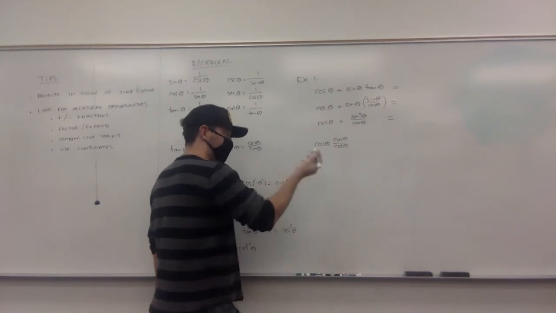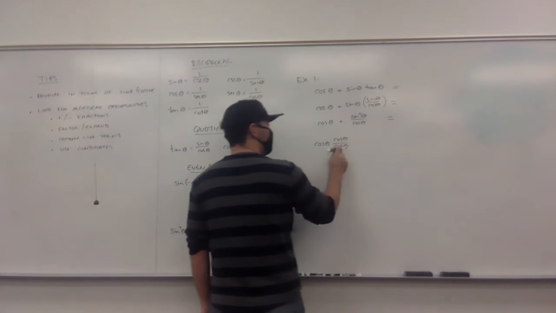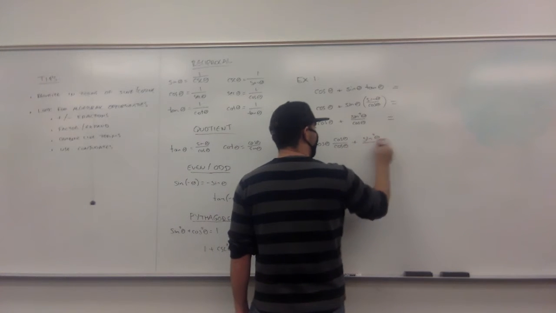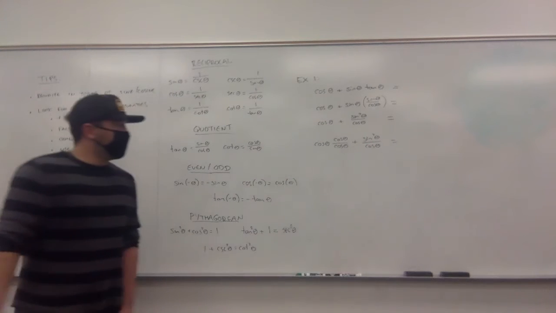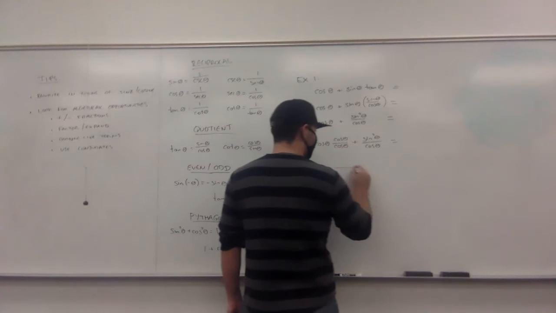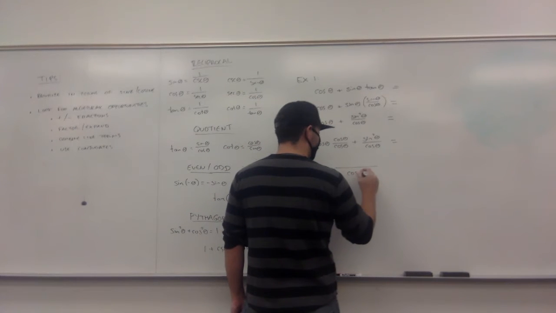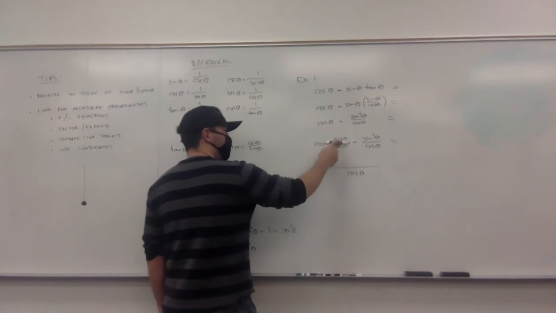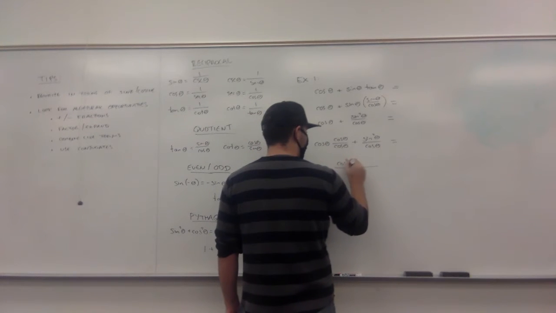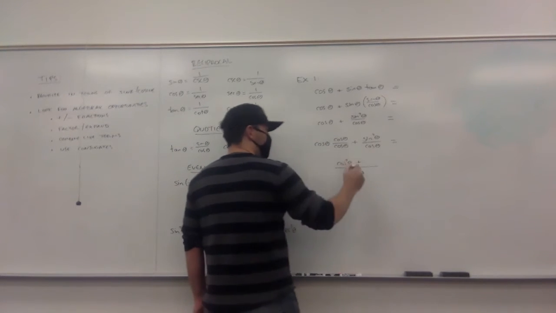Right? That would have the effect of turning it into a fraction with denominator cosine. I'll leave my other term the same way it was for now. Okay, so when I do that, I have two fractions with denominator cosine. That allows me to add the numerators. The first term in the numerator is cosine times cosine, so cosine squared theta. And my second term is sine squared theta.